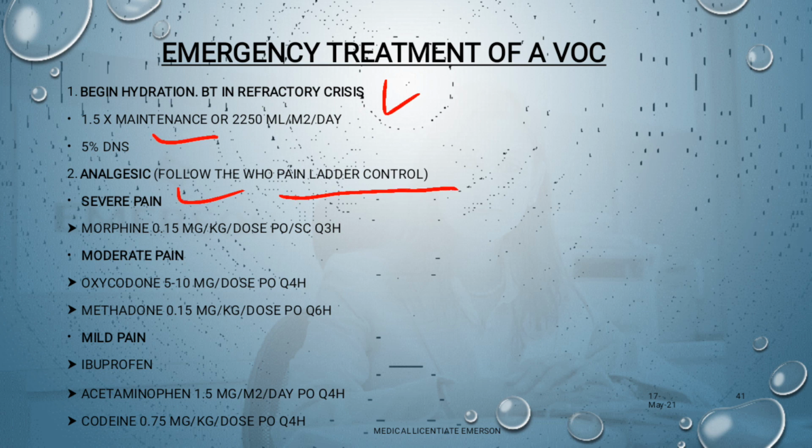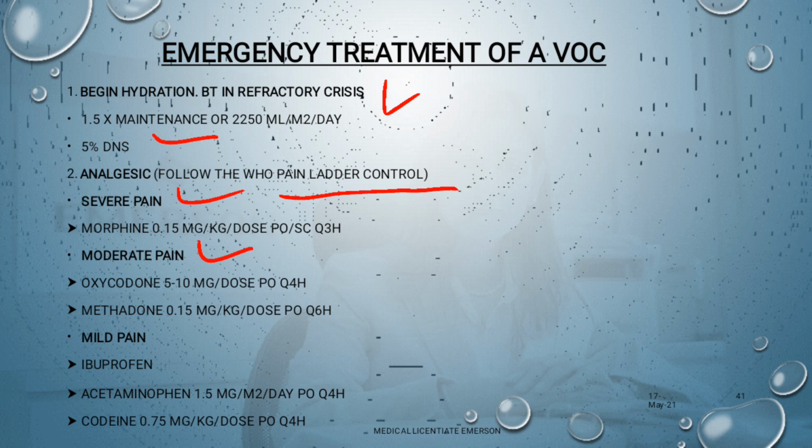Of course, if there is severe pain, you might give morphine 0.15 milligram per kg per dose, orally or subcutaneously, every 3 hours. But if there is moderate pain, you can give oxycodone, which is about 5 to 10 milligram per dose, or methadone.